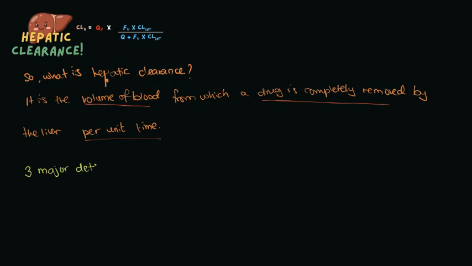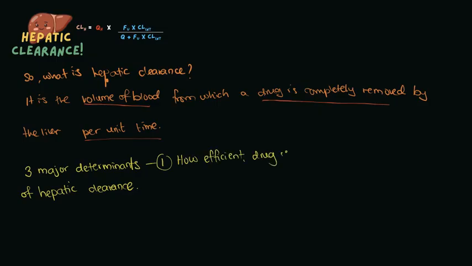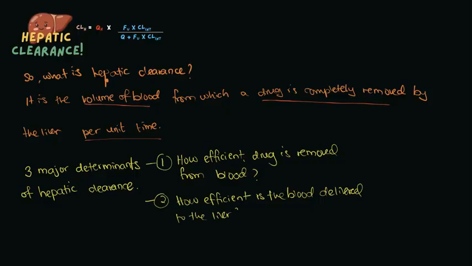And there are only three major determinants of the rate of hepatic clearance. Number one, how efficiently the drug is removed from the blood. Number two, how efficiently the drug is delivered to the liver by the blood. And number three, when the drug arrives at the liver, is the drug accessible to be processed?